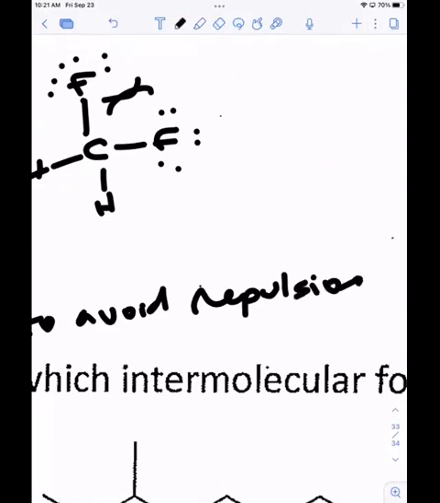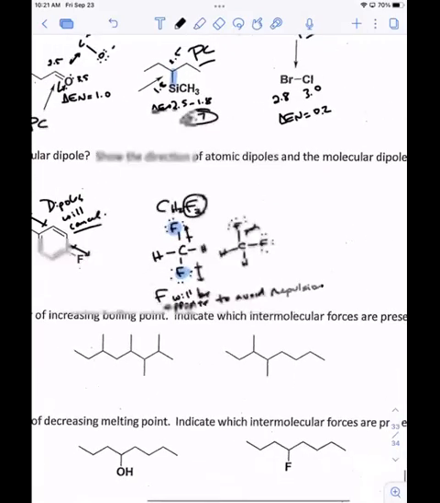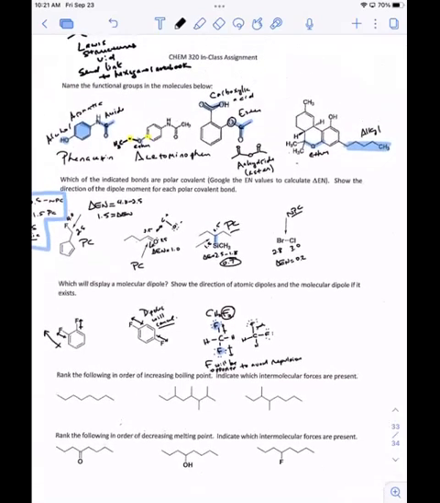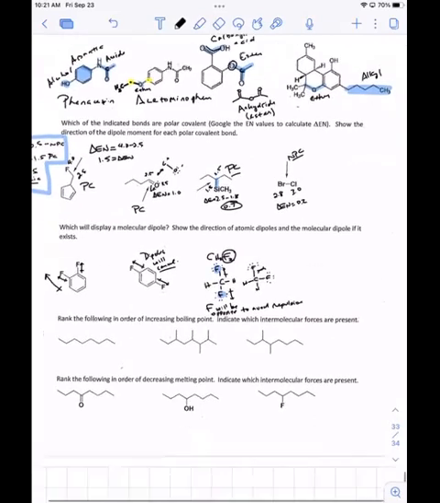All right, so with that being said, all of these functional groups bring different characteristics to a particular molecule.